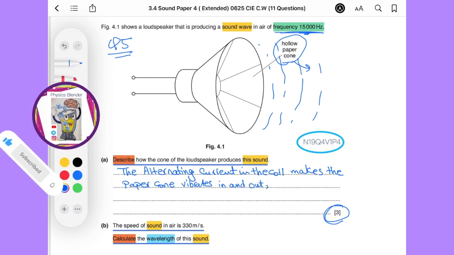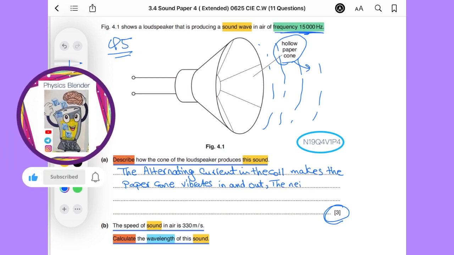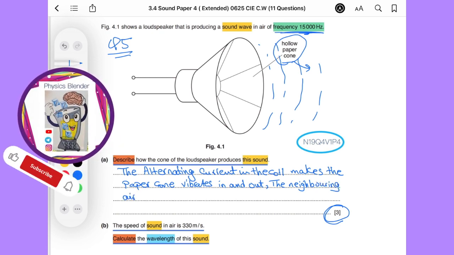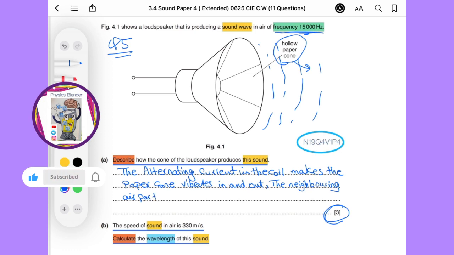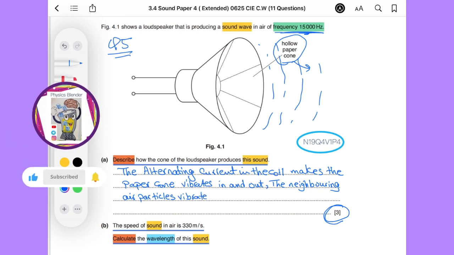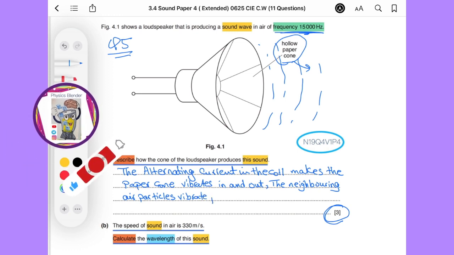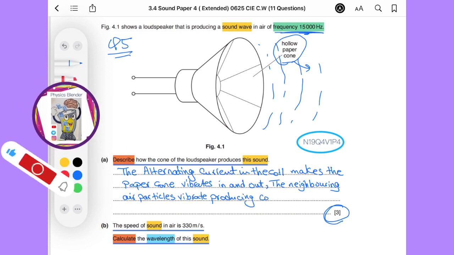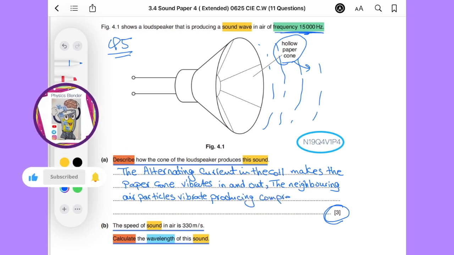So what happens? The neighboring air particles vibrate, producing compressions and rarefactions.